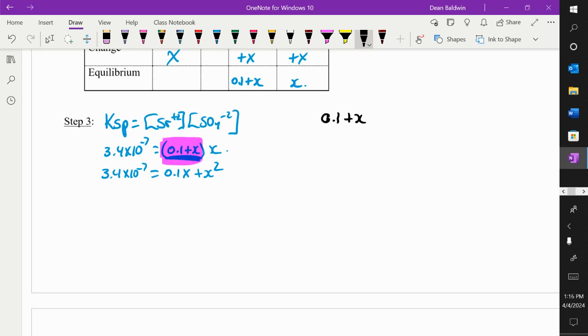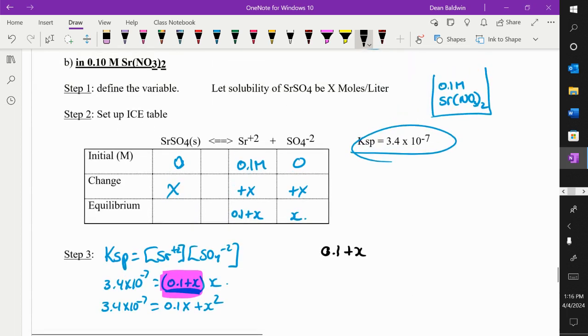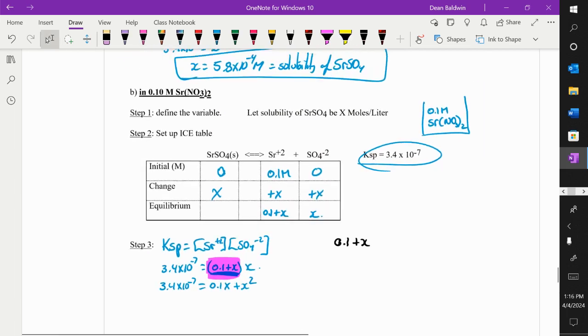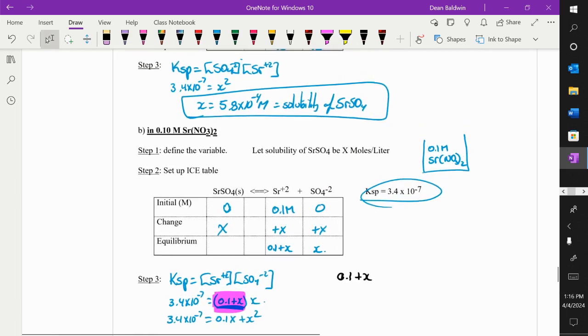What's the bigger number? 0.1 or X? Are you just going to get rid of the 0.1? I'm asking you, what is the bigger number? 0.1 or X? 0.1. Are you just guessing? Well, no, because probably the answer is always like 10 to negative something. That's what X usually equals, right? Okay, so what's the max value X can be?